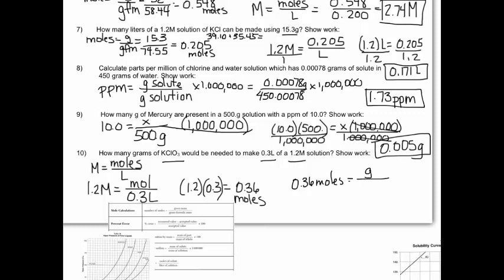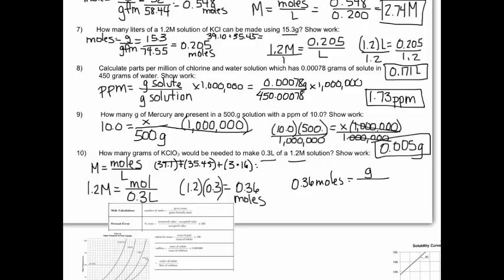Now we need to figure out the GFM of KClO3. Potassium's mass, we said before, was 39.1. And then chlorine's is 35.45. And then we have 3 oxygens at 16.